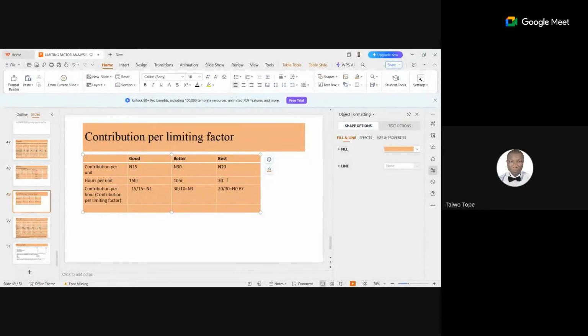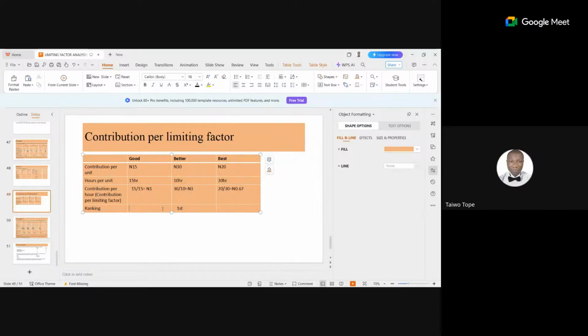So now, having done this, what is the next step? Anybody to help? Ranking. Based on these results, which is giving you the highest contribution? Better is first.